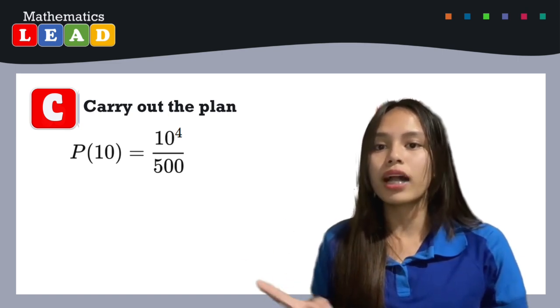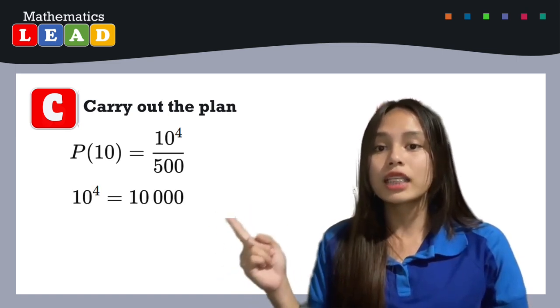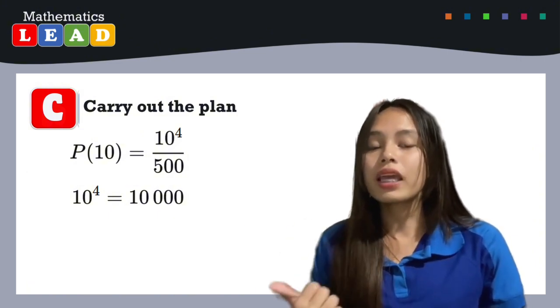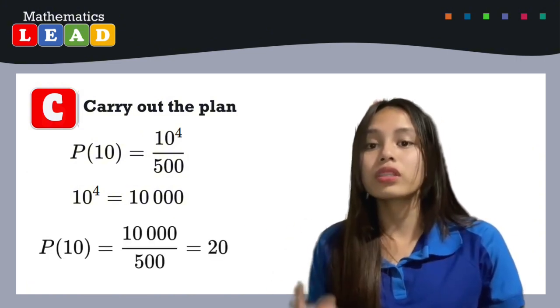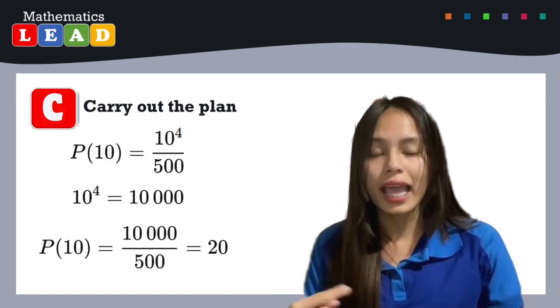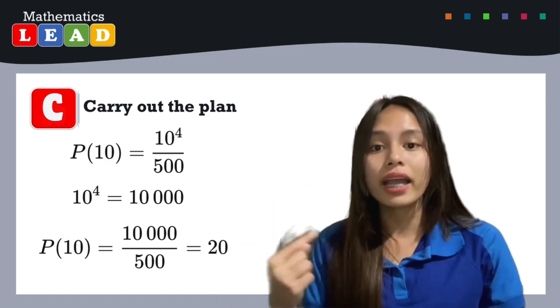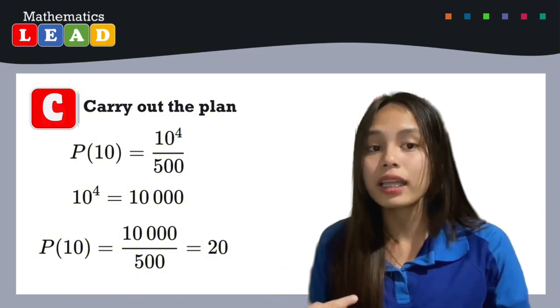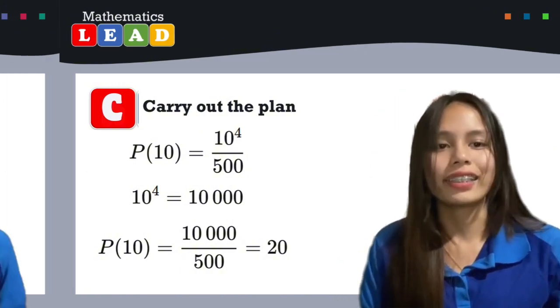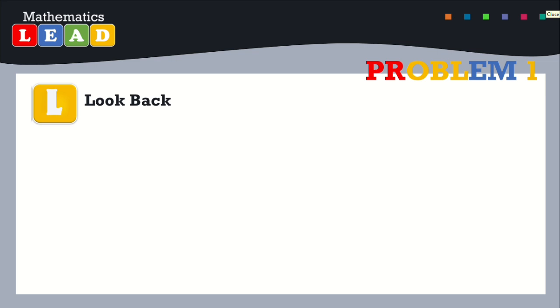Now, we're going to evaluate 10 raised to 4, which is 10,000. And then we have P of 10 is equal to 10,000 over 500. And dividing 10,000 by 500, we have, yes, that's correct, that is 20.